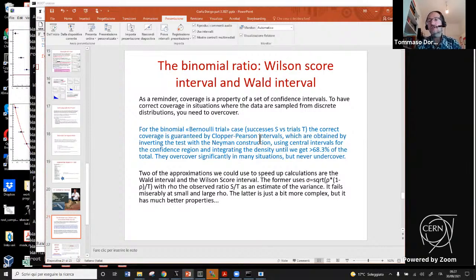And these actually overcover a lot because they, by definition, never cover less than 68.3% of the time. This made a number of alternatives flourish.